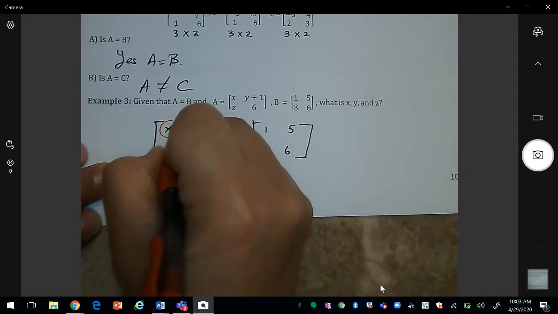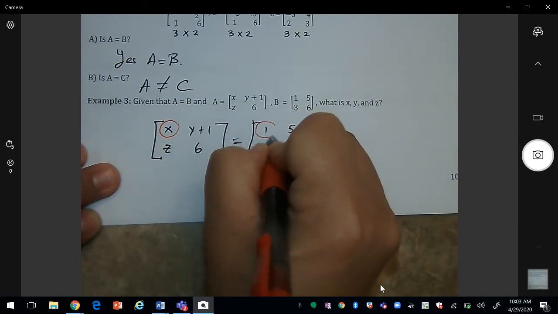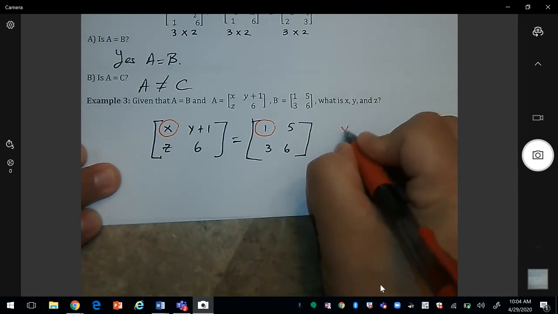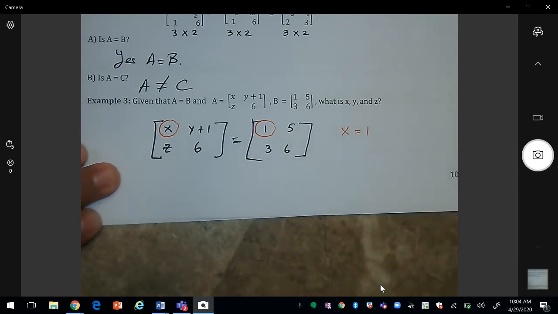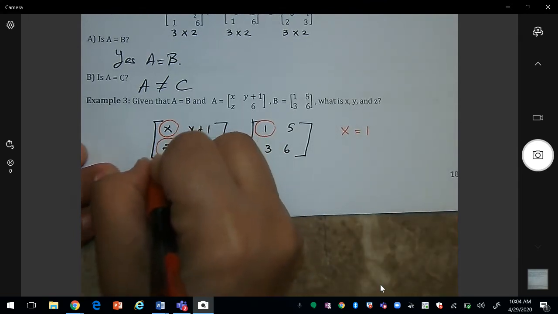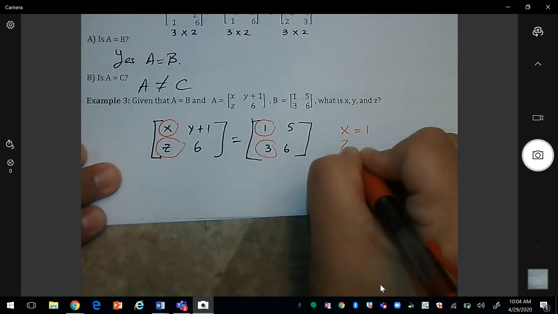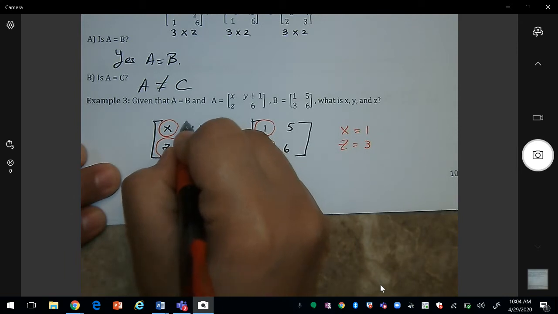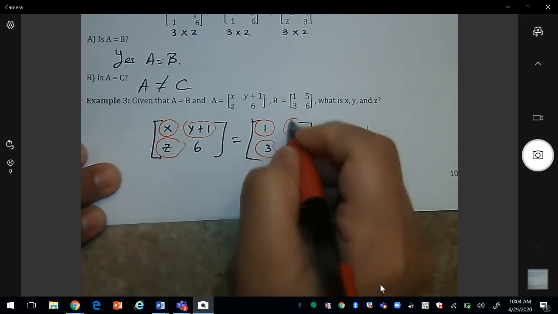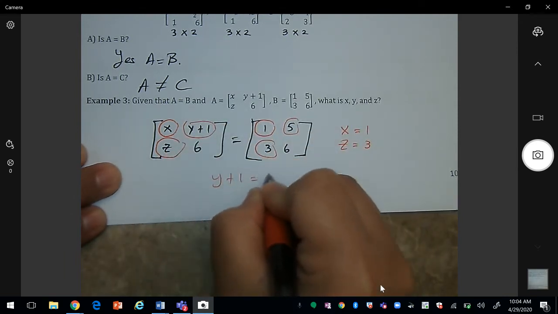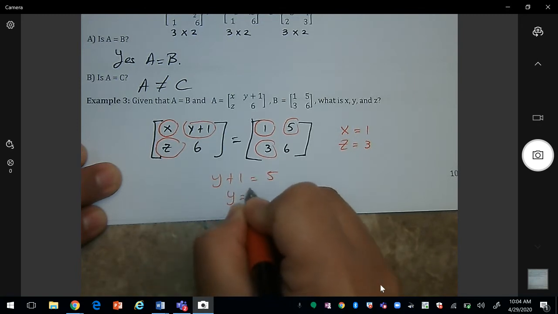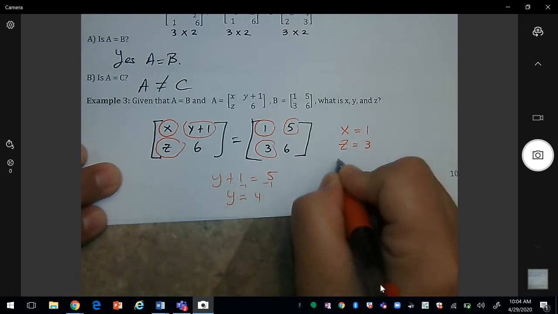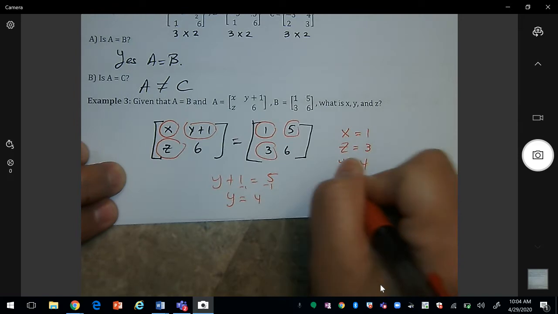Whatever is in this position has to be the same as this position. So here we can say that X is equal to 1. For Z, we have a 3, so Z is equal to 3. And for Y, we have Y plus 1 is equal to 5, so we can write the equation here and solve for Y. So Y is equal to 4.